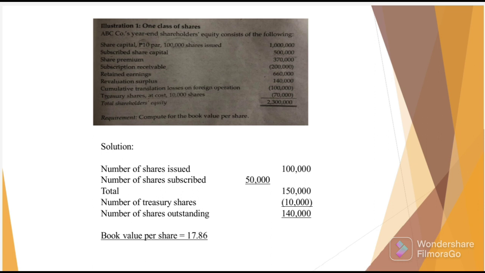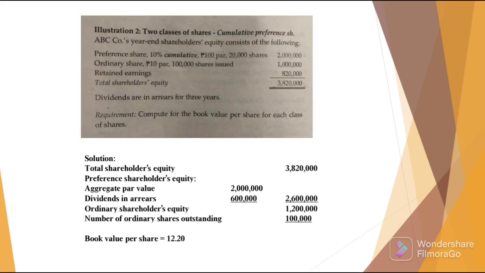Sa illustration 2, pinapakita kung paano isolve ang two classes of shares, cumulative preference shares. So, ang requirement is to compute for the book value per share for each class of shares. Solutions. Total shareholders equity na 3,820,000. Preference shareholders equity, aggregate par value na 2 million. Dividends in arrears na 600,000 na makukuha sa 2 million times 10% times 3 years.